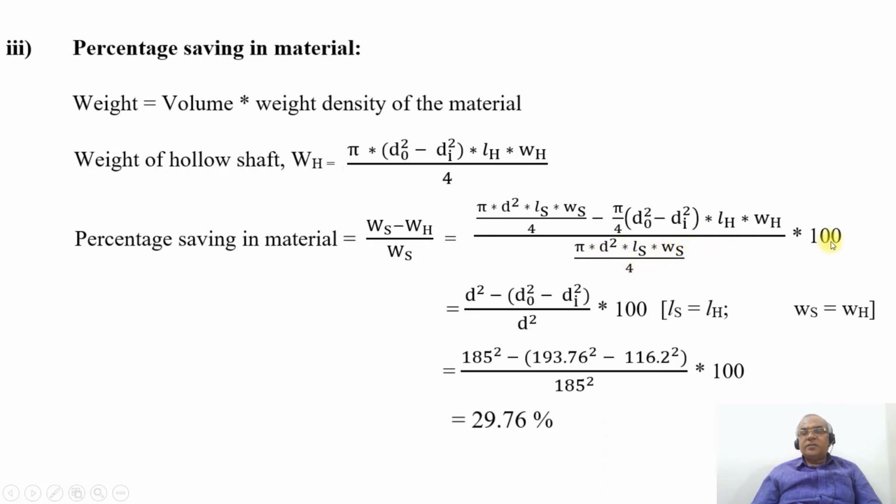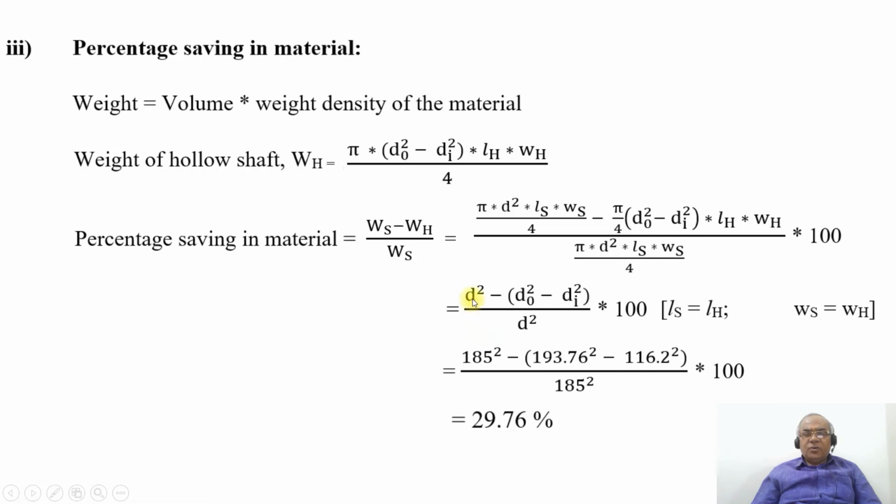As we know that the lengths of the solid shaft and the hollow shaft are equal, and the specific weights of the materials of both shafts are equal, those terms will be removed. Pi by 4 as a common factor is also removed. So we get d square minus d naught square minus di square, divided by d square, into 100.